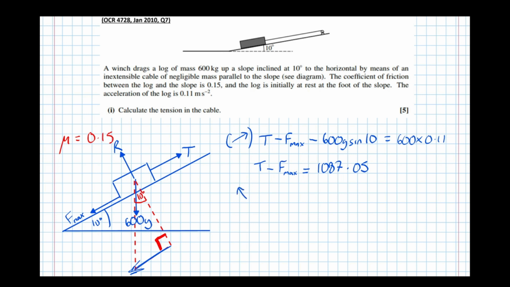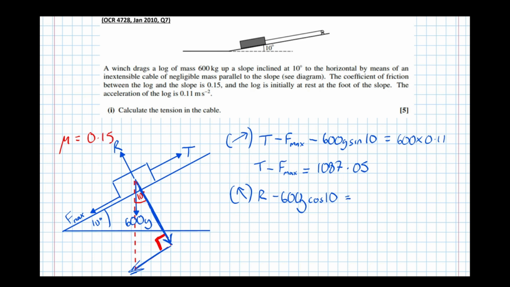Let's resolve now perpendicular to the slope. So we know going in that direction there's R, and the weight going in the opposing direction, so this side here that I'm highlighting now, and that's 600 g, and it's the adjacent side of this triangle, so it's cos of 10. Again, don't need to draw this triangle every time. You could just remember that the weight component going perpendicular to the slope is the weight cos of 10, or the cos of whatever angle it is.